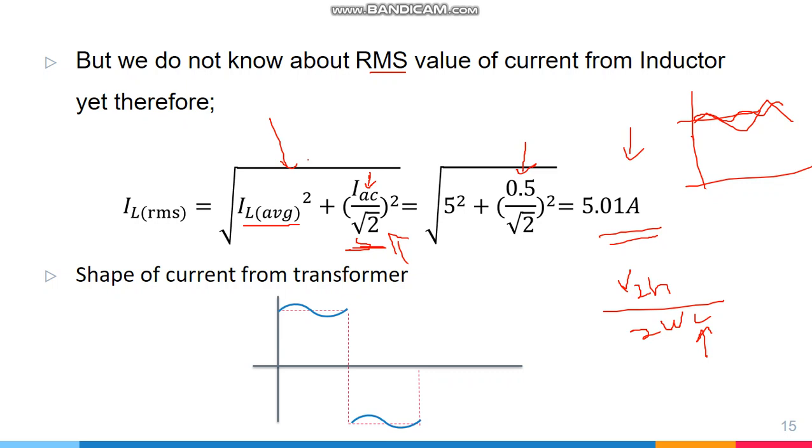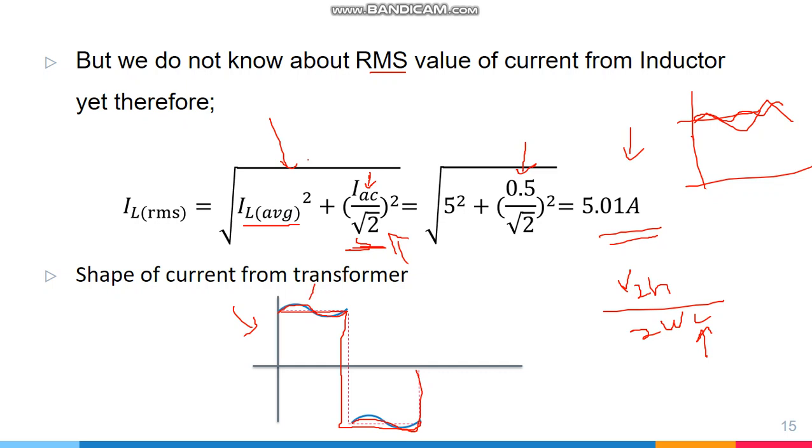And this is the current waveform from the transformer. In the case of inductive filtering, 5 ampere was supplied during the positive cycle and 5 ampere during the negative cycle. Now in the case of LC, it is still the same, but one thing is added: there will be some harmonics in it as well, due to the second harmonic, fourth harmonic, and so on.